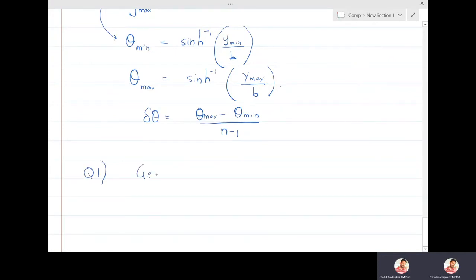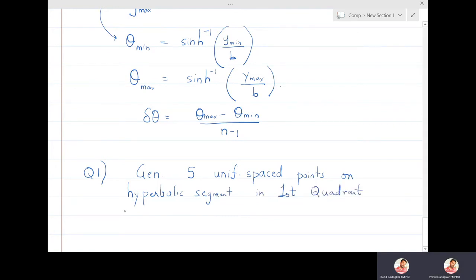I am going to generate 5 uniformly spaced points on a hyperbolic segment in the first quadrant, where the values of x are restricted from 6 to 12.